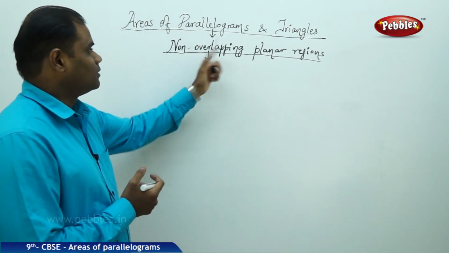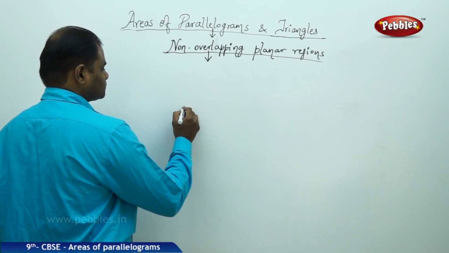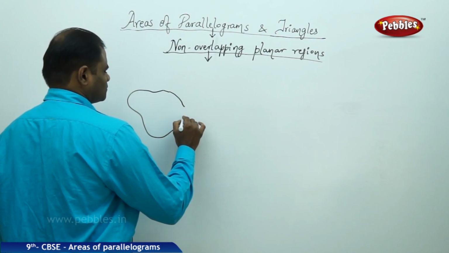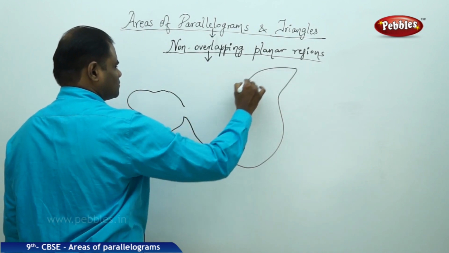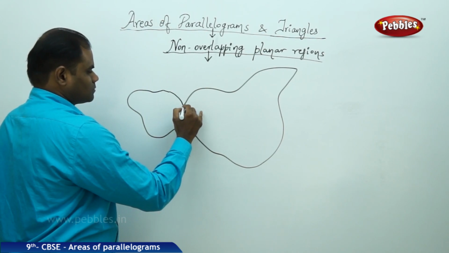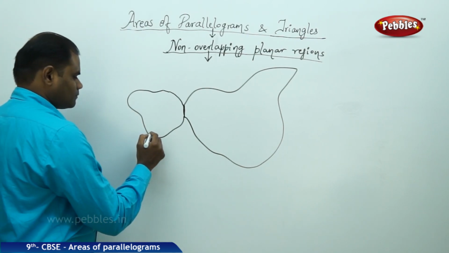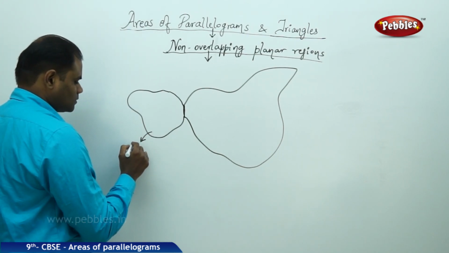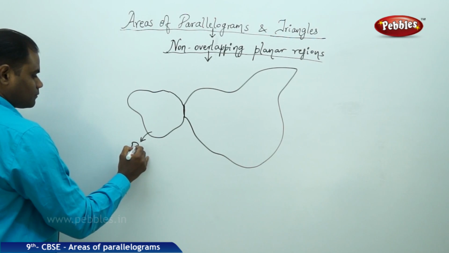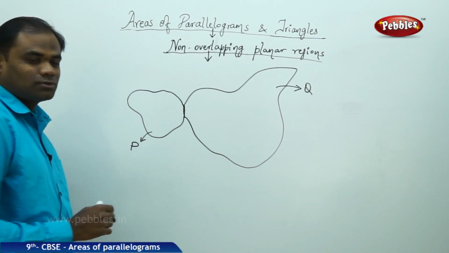For example, I have these two regions which are separated here. This is region A, which I denote with P, and this is region B, which I denote with Q.